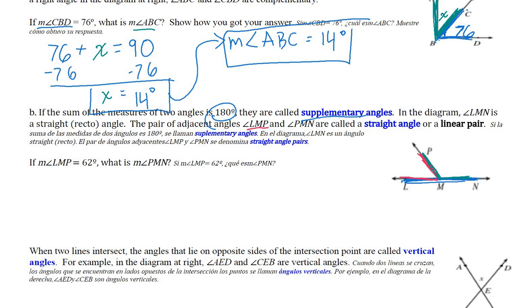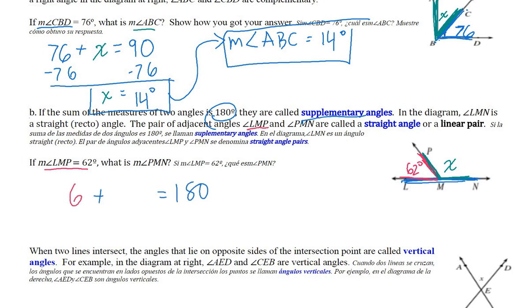Now, if LMP is 62 degrees, what is the measure of angle PMN? So I'll call that X. Now I know that combined, the two angles must equal 180 because they fall along a straight line when you put them together.